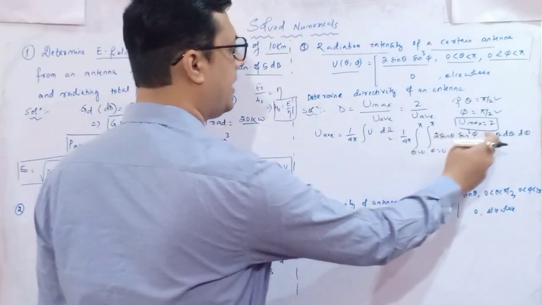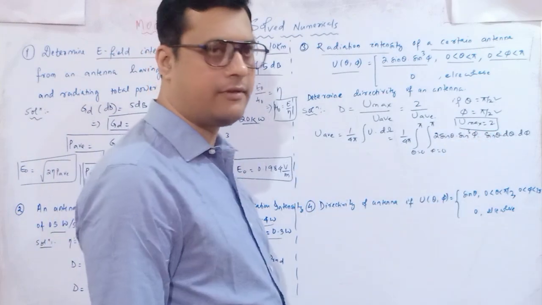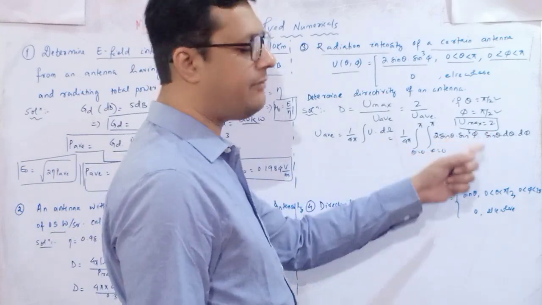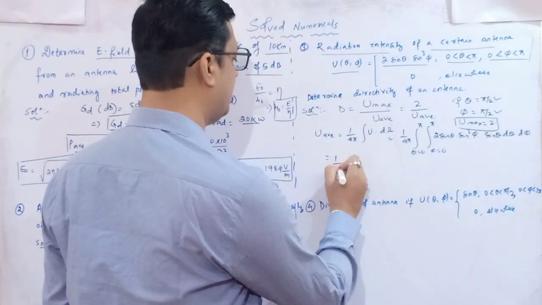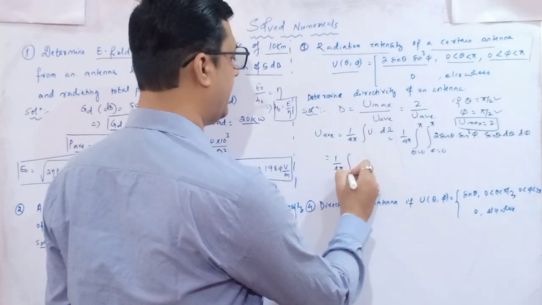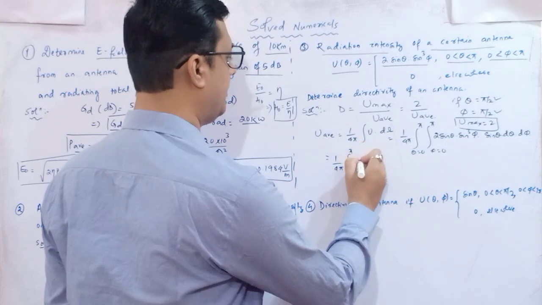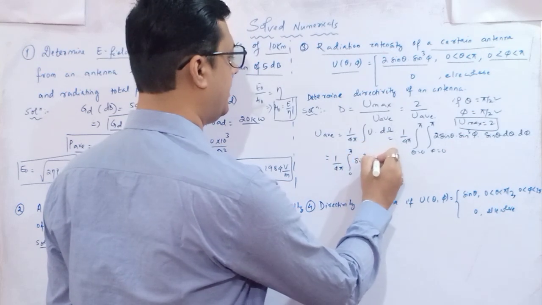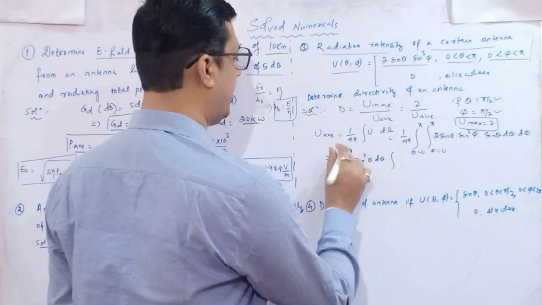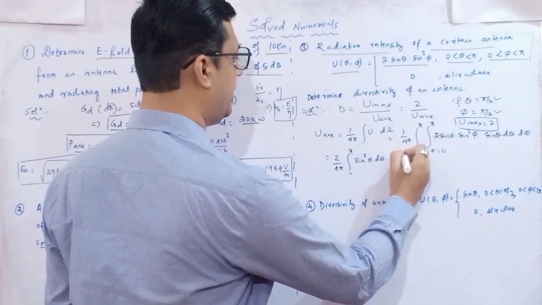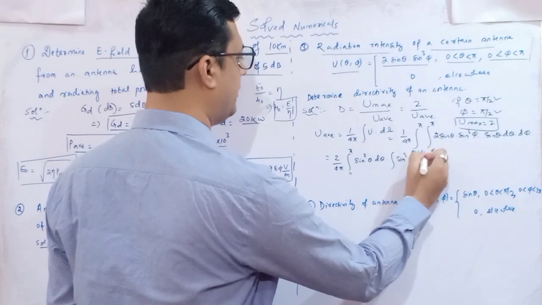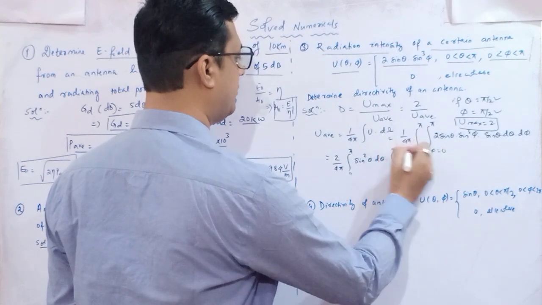This sin theta and this sin theta will become sin square theta, and this sin cube phi is with respect to phi. So it is equal to 1 by 4 pi, 0 to pi, sin square theta d theta, and I have taken this 2 outside, and here it is sin cube phi d phi, also 0 to pi.